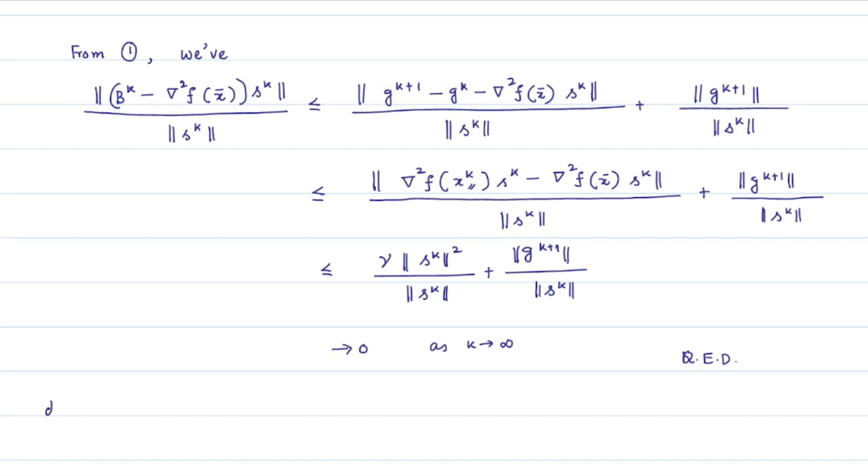That is, in computing the directions of movement in steepest descent, Newton's method or the quasi-Newton method, we have been using the information of the gradient, the Hessian, or the Hessian inverse, or some approximation of the Hessian inverse.